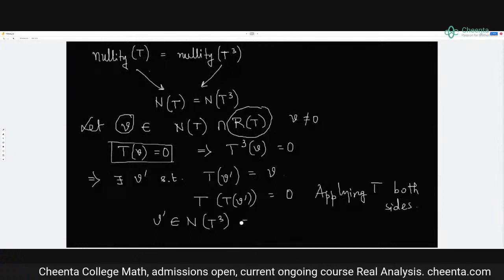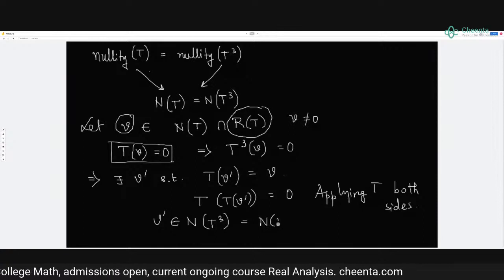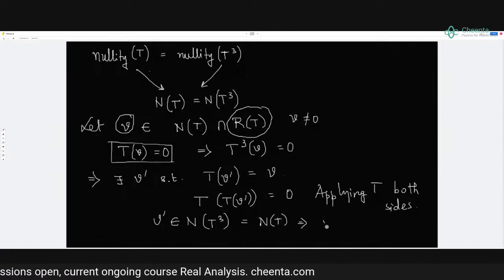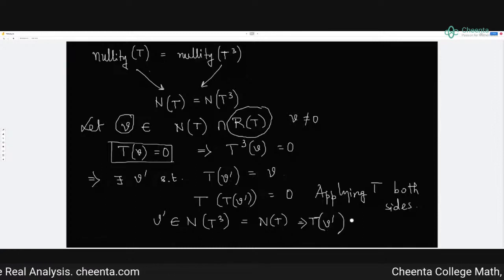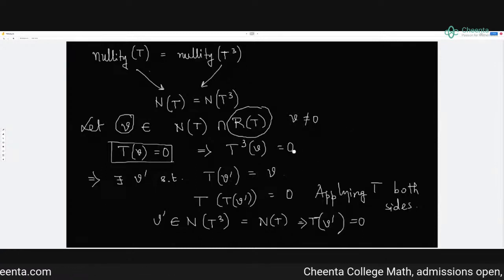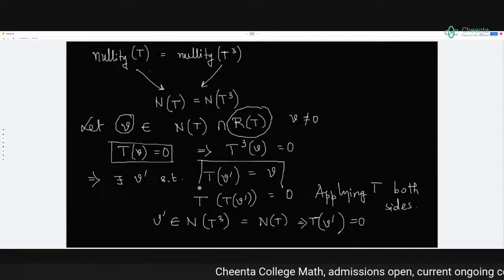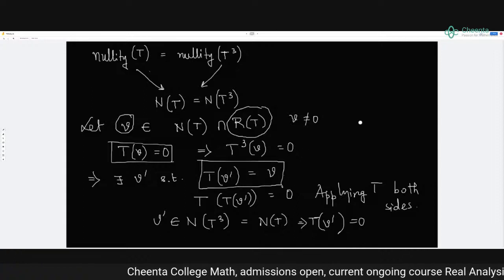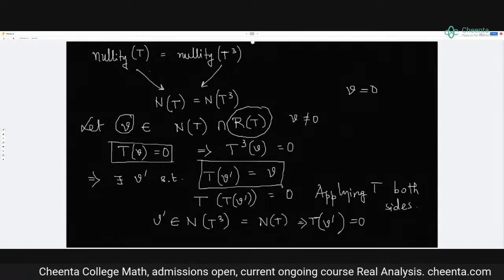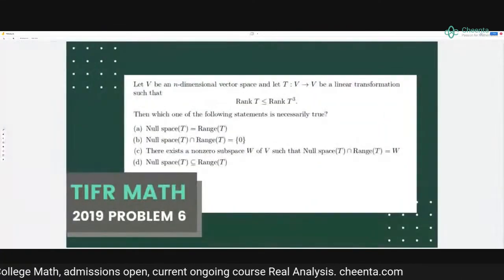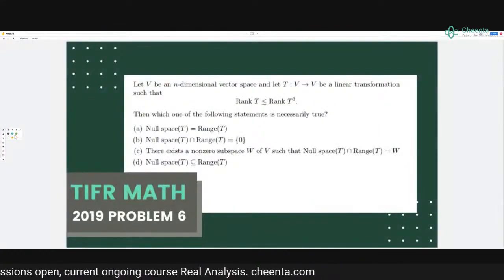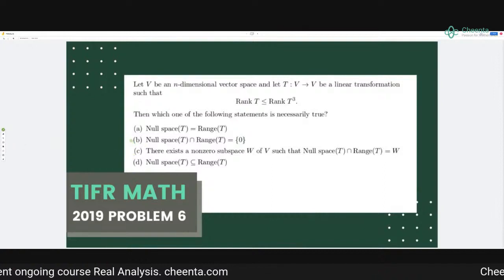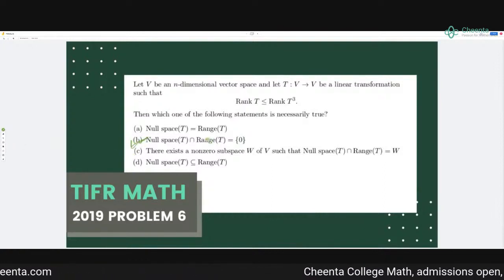But you know null space of T cubed is equal to null space of T. This implies that T of v prime equals 0, but we started with T of v prime equals v, hence we have v equals 0. Thus, this is the answer: null space intersection range space is only the zero vector.